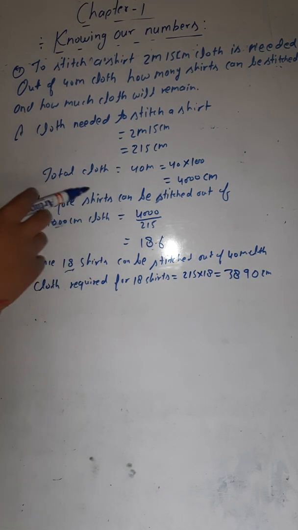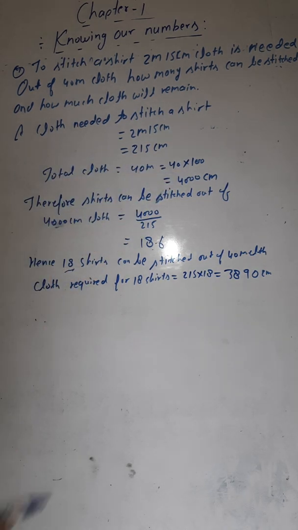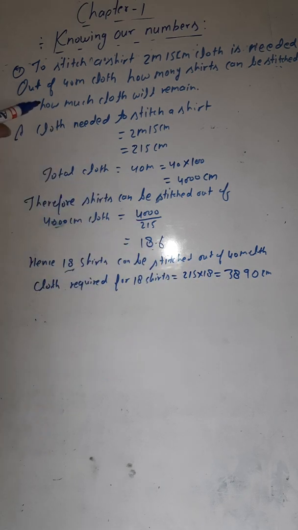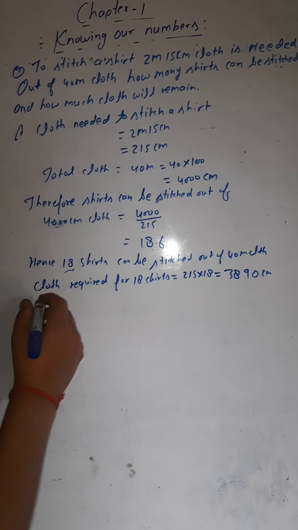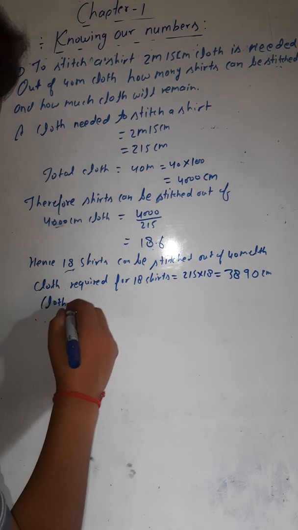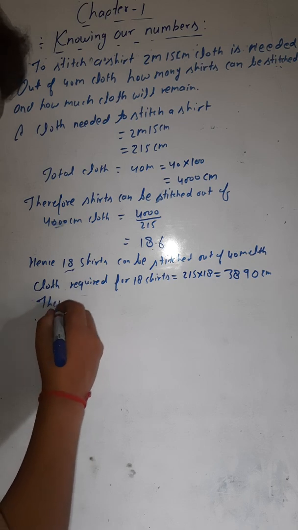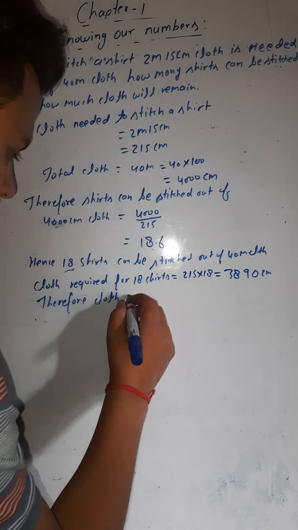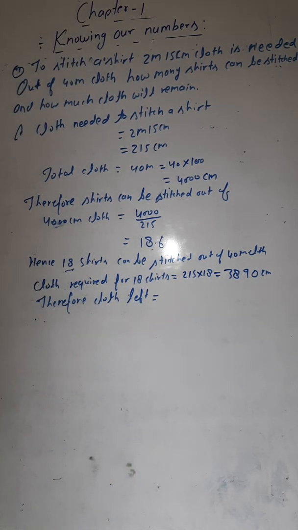Now how much cloth you are having? 4000 centimeter. How much cloth has been used? This much cloth has been used. So what you have to find out? How much cloth will remain? So that you'd find out now. Therefore, cloth left. How much cloth will be left now?